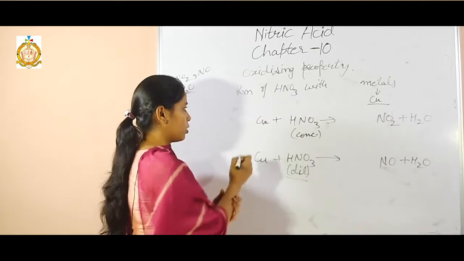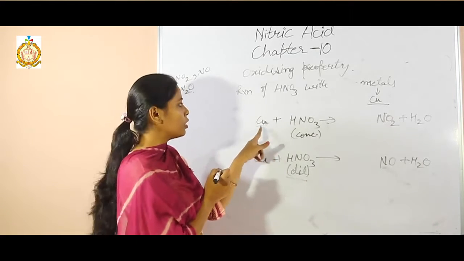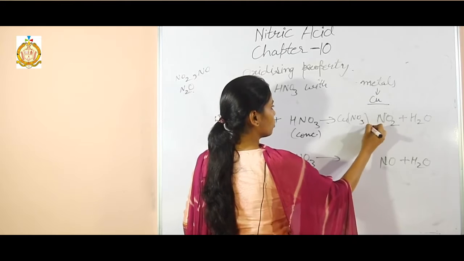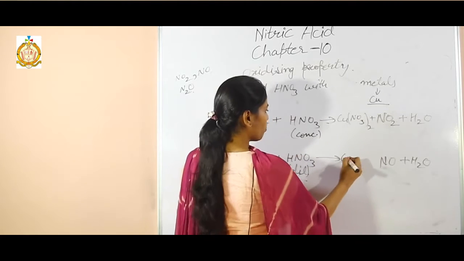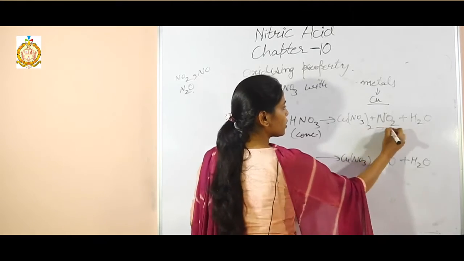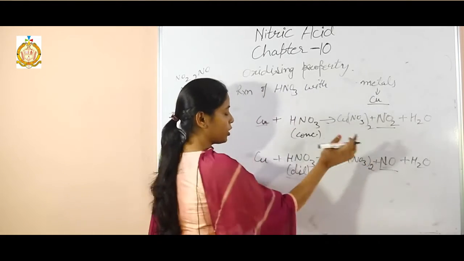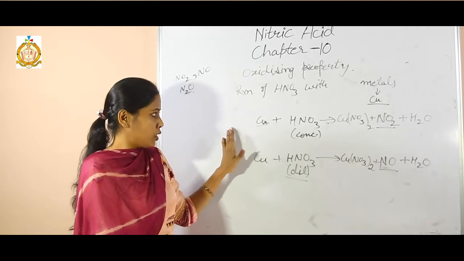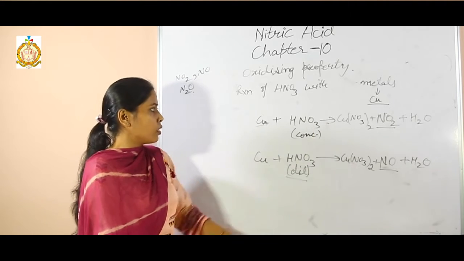And another product, copper nitrate, Cu(NO3)2, plus here also copper nitrate, and balance. The only difference is here nitrogen dioxide and nitric oxide, and both the reactions are very important. Now balance this equation.